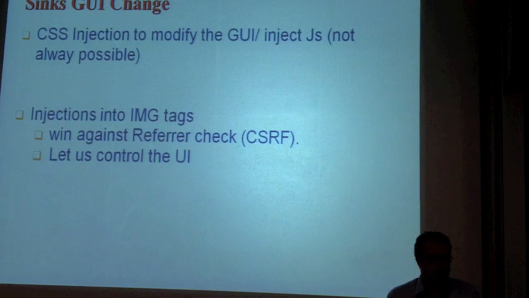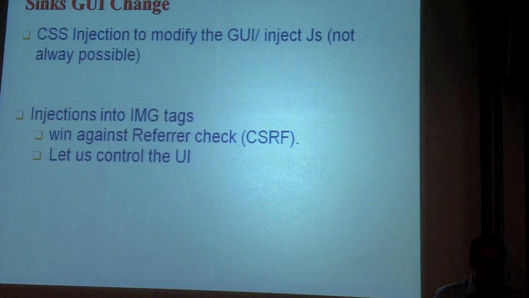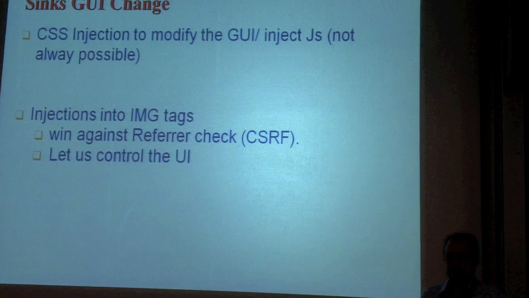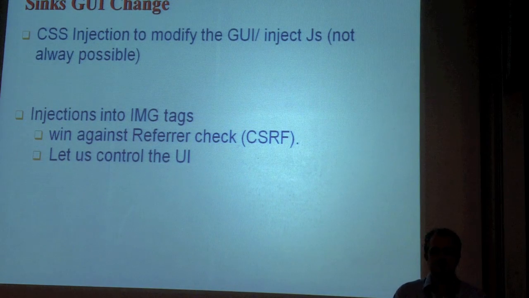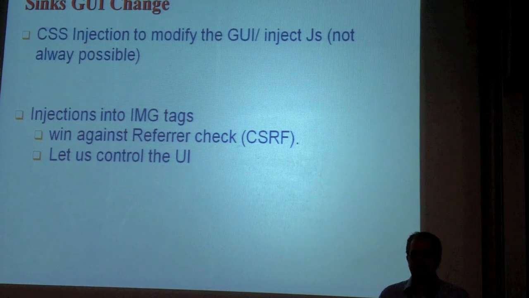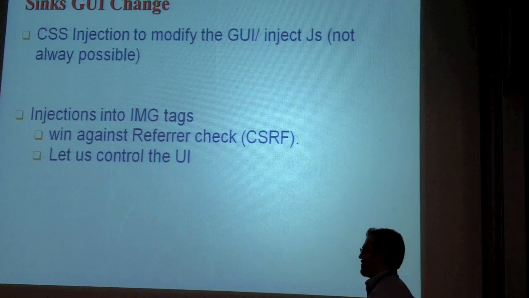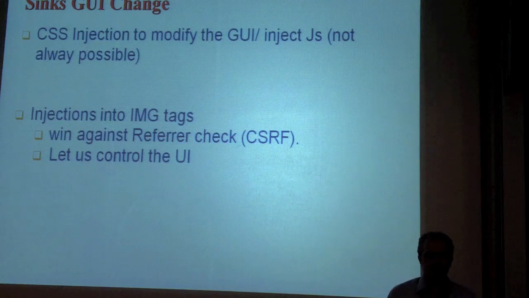We will see, I have an example. And also, for example, injection controlling the source of an image. In these cases, of course, it depends on the brain of the tester or the attacker. It's very important to understand the logic of what's going on.